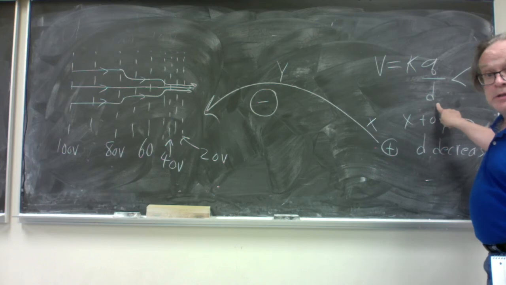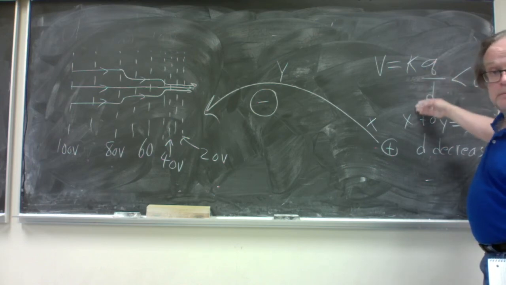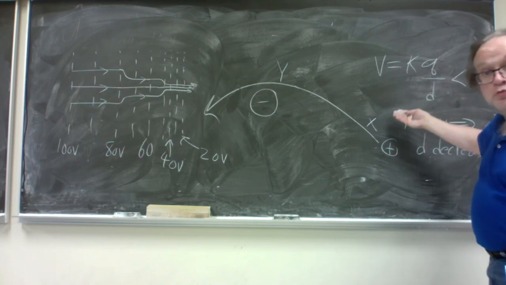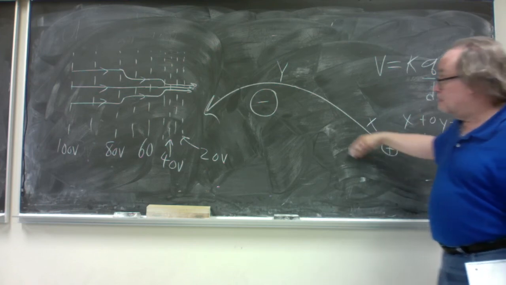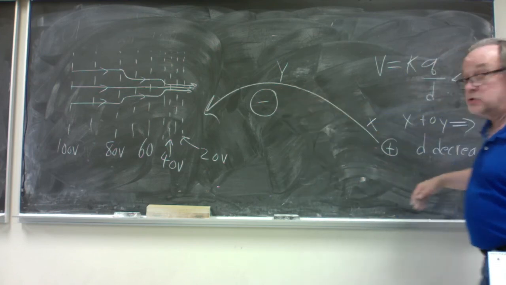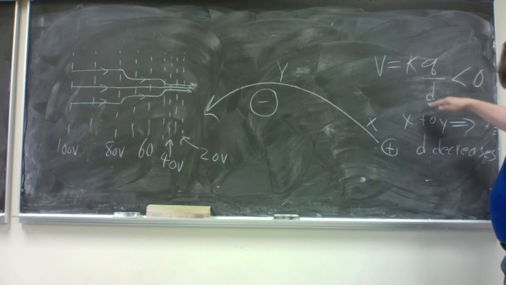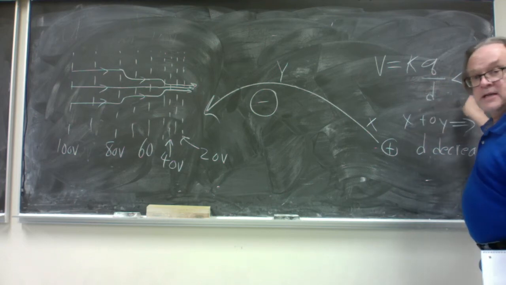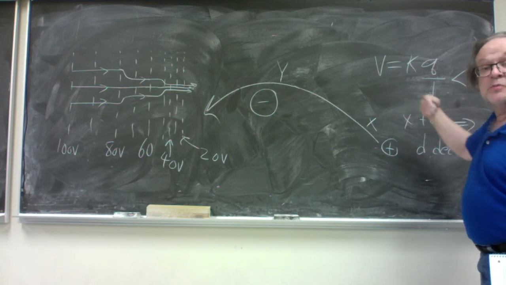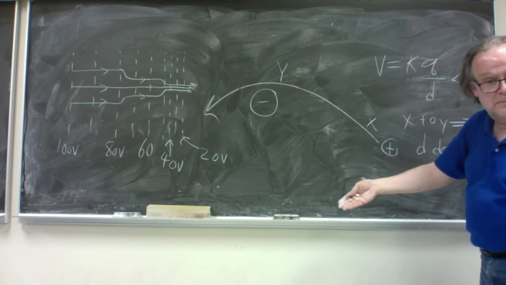And then D gets a little smaller, and so this gets a bigger absolute value, and then the potential is negative 2 volts. And then this gets a little smaller as the positive particle keeps on getting closer, and so the absolute value of this increases from 2 to 3 because the denominator is getting smaller. But it's negative, so the actual value goes from negative 2 to negative 3.